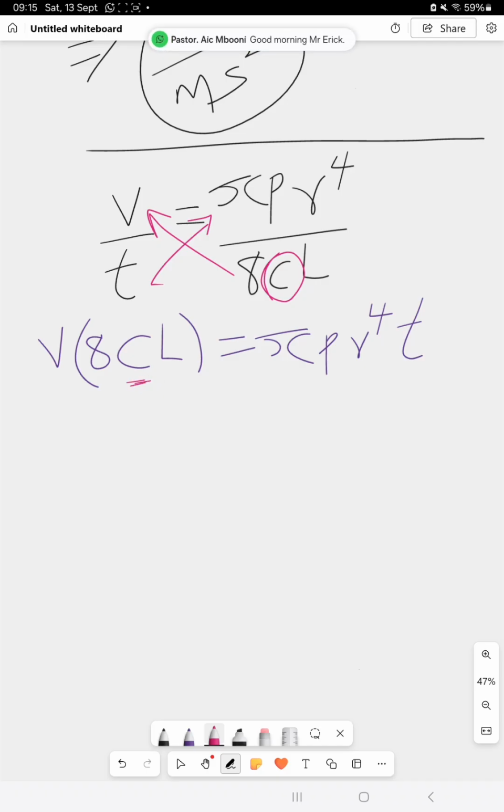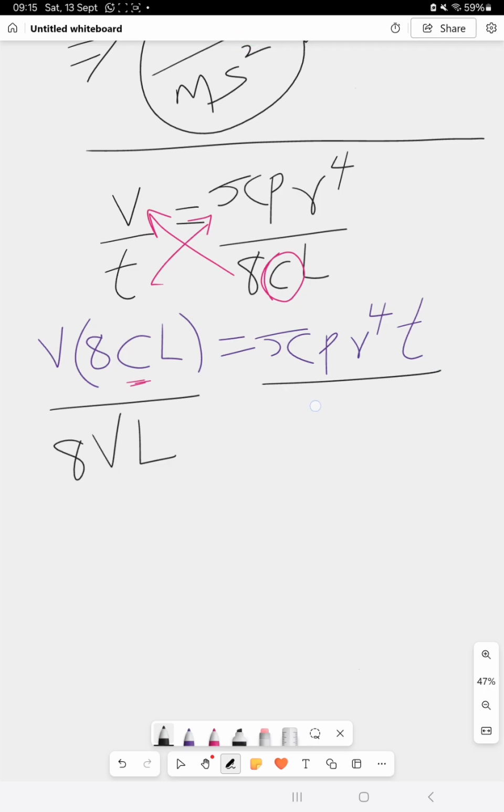So what should I do? I divide everywhere by 8VL.